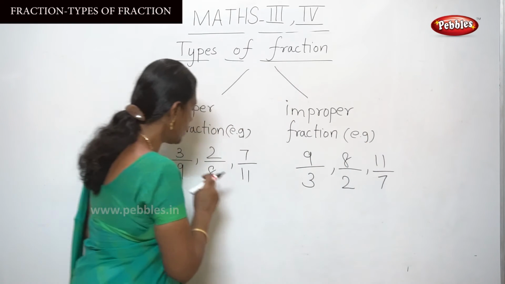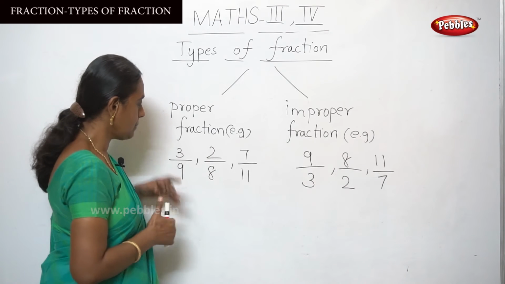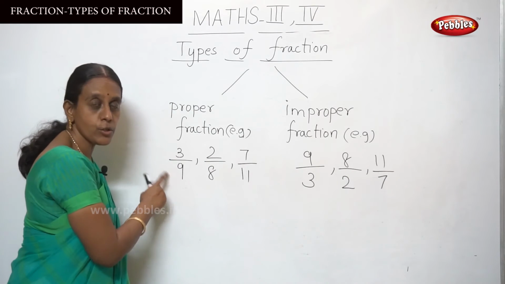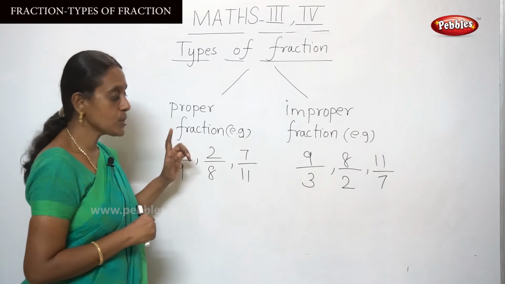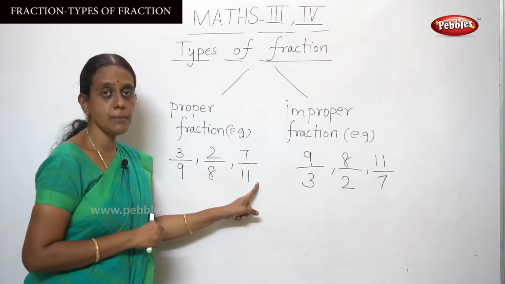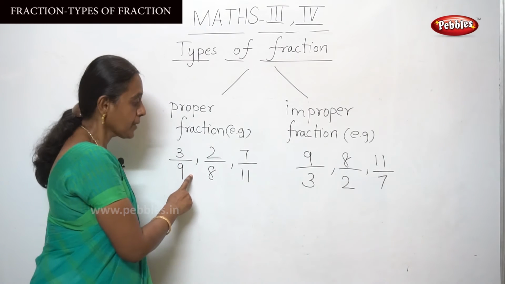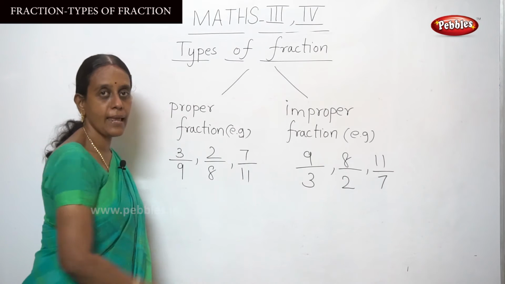Here see the numerator and denominator. You should observe that the numerator is smaller than the denominator. Which one is the numerator? The top number. And the lowest number is the denominator. Here 3 by 9, 2 by 8 and 7 by 11.